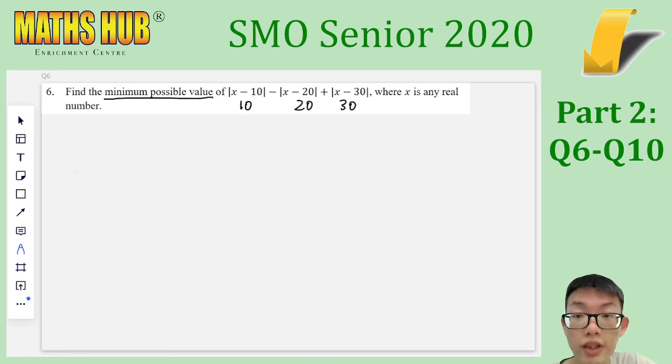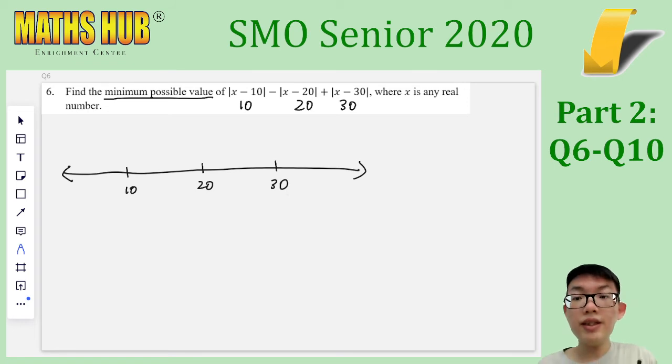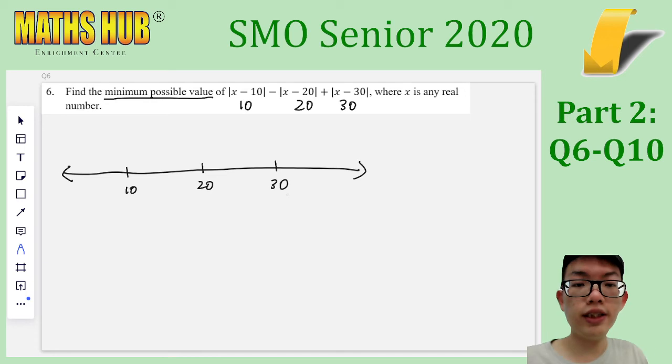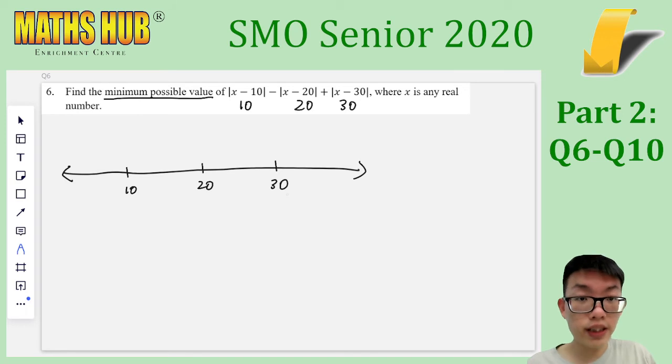So I'm going to draw a number line, and on this number line, I'm just going to mark out 10, 20, and 30. In theory, we could find out what this function looks like in each of these 4 smaller intervals, since we can take out the absolute value sign and determine is it positive or negative accordingly.